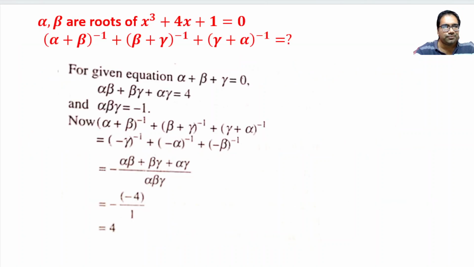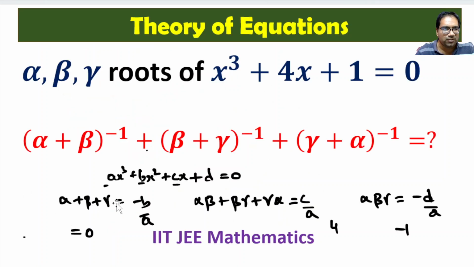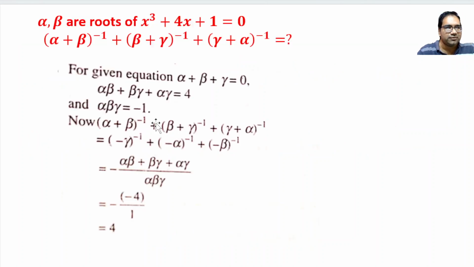We know alpha plus beta plus gamma is equal to 0. What does that mean? Alpha plus beta is equal to minus gamma, beta plus gamma is equal to minus alpha, gamma plus alpha is equal to minus beta. So what this essentially means is that the expression is minus gamma, minus alpha, minus beta, whole power minus 1.